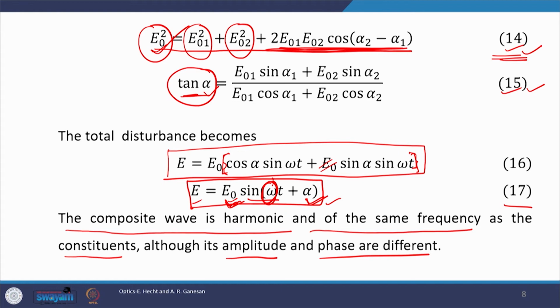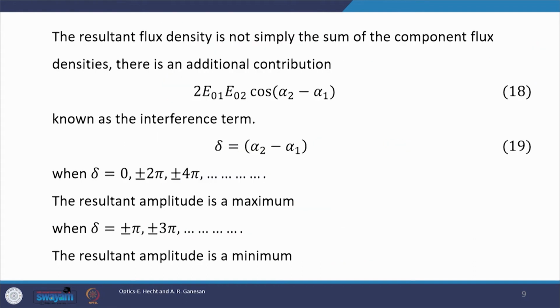Okay. This term gives rise to fluctuation in the resultant amplitude. Okay. Some sinusoidal variation will appear in the resultant amplitude or intensity due to this term, and therefore, this term is called interference term. Okay.